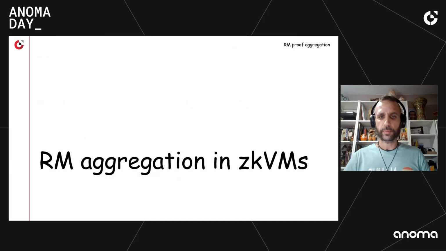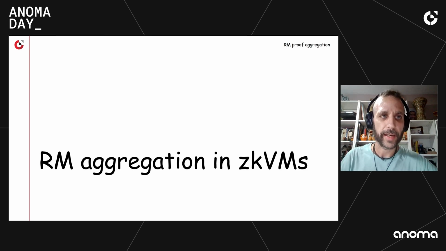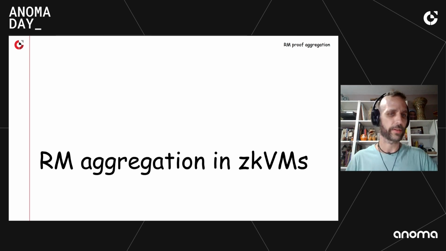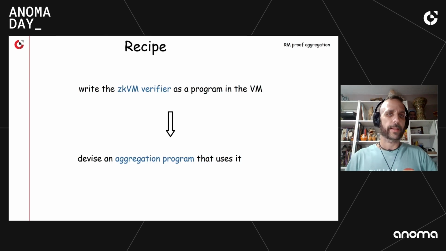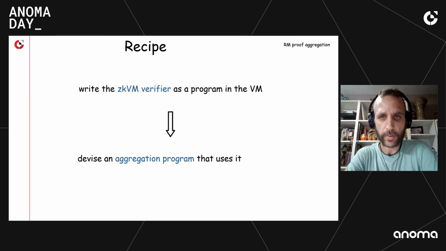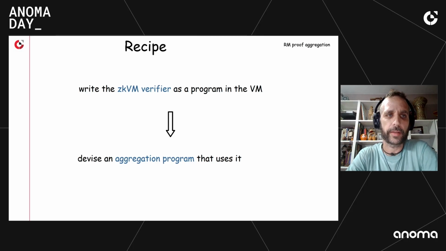Okay. So now that we know more or less how compliance and logic predicates are modeled in zkVMs, let's go through how we can aggregate proofs in the resource machine. The basic recipe is this one. We start by writing a zkVM verifier as a program in the virtual machine, and then we use it as a building block to construct the aggregation program.